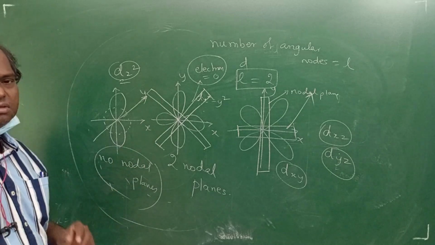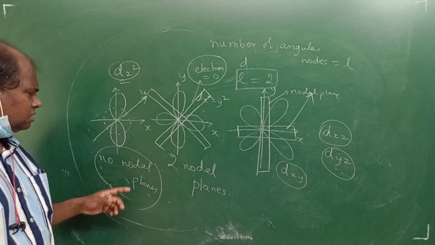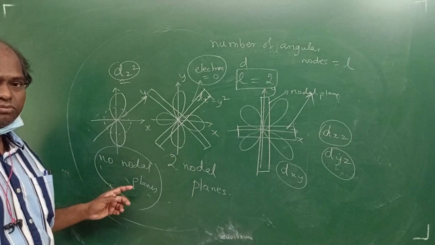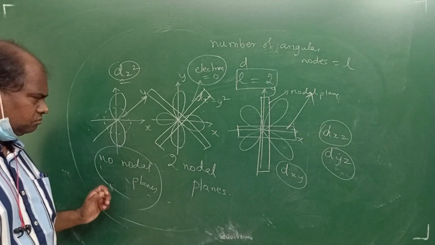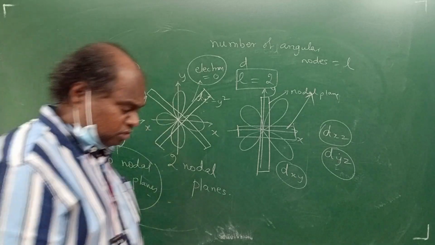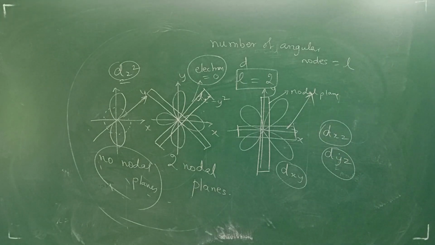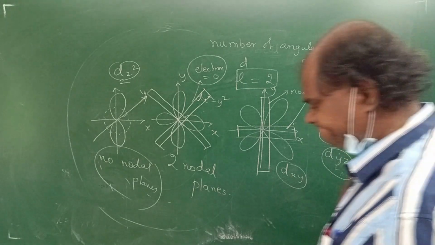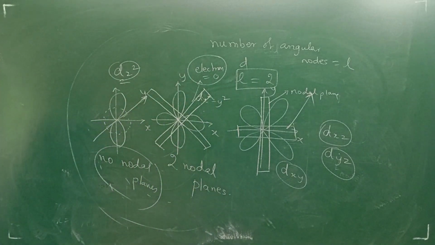Please, very, very important. They ask this question in the competitive exams, right? dz square, no nodal plane. This formula will not work. Please note this down, this is very, very important. Okay. Can you please note down this fast?